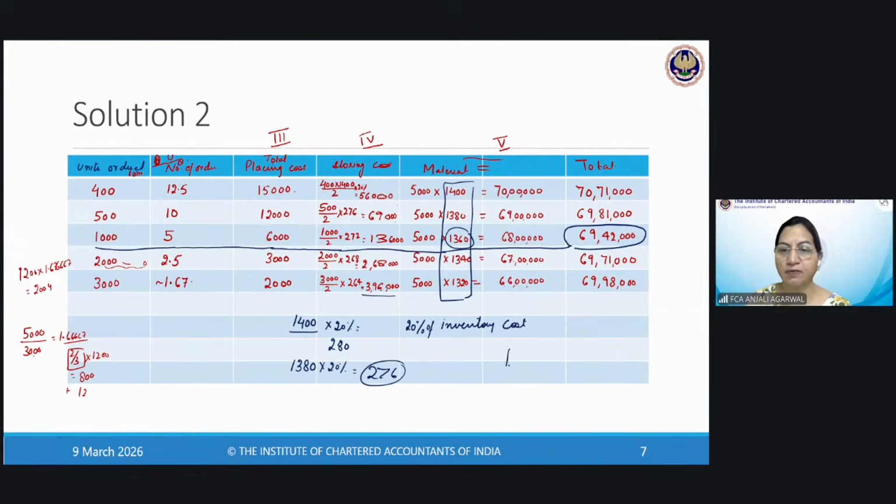Like I said, you place units ordered on the x-axis. You can see that when your units ordered are increasing from 400 to 3,000, the placing cost is decreasing, but the storage cost is increasing, 56,000 to 396.